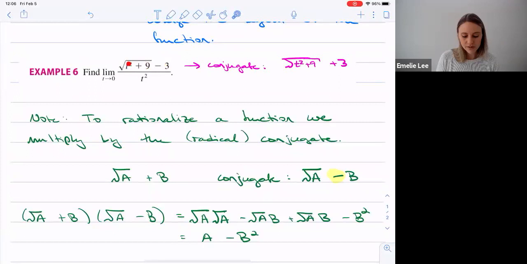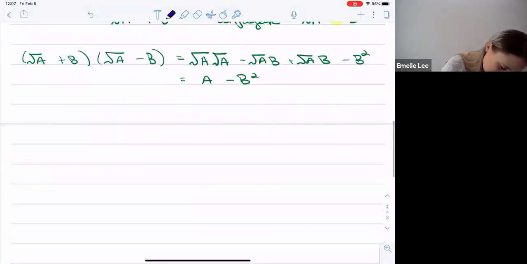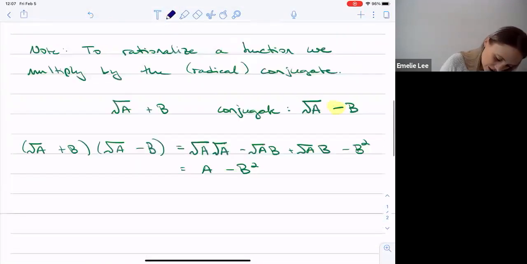If I'm going to multiply the numerator by the conjugate, I can't just multiply by a number. I have to multiply by 1, right? And so I'd have to take the root of t squared plus 9 plus 3 over itself. So what does this look like? I'll put it on a fresh page here.